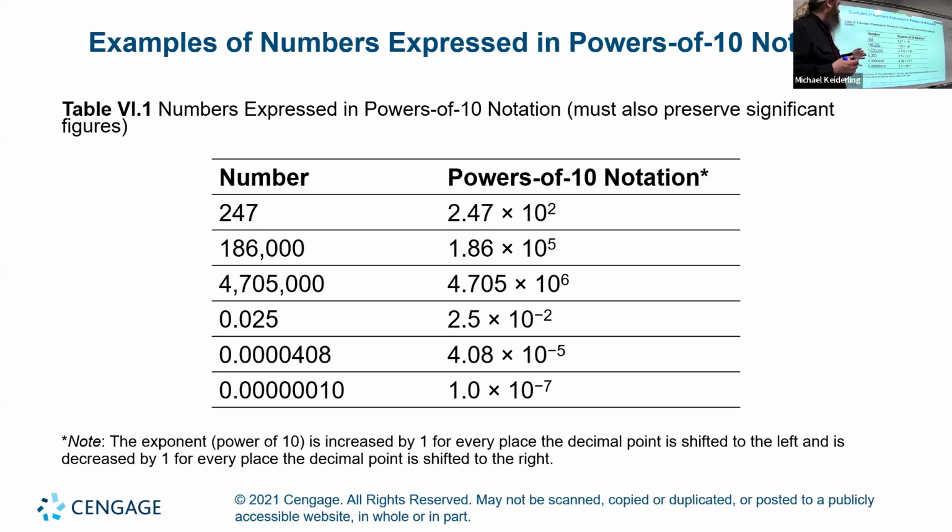And you can see how this makes writing really big or really small numbers a lot more convenient. Because sometimes I need to say something like 93 million. I don't want to write out 93 followed by 6 zeros. But I can write 9.3 times 10 to the 7th. And that's a lot more compact.